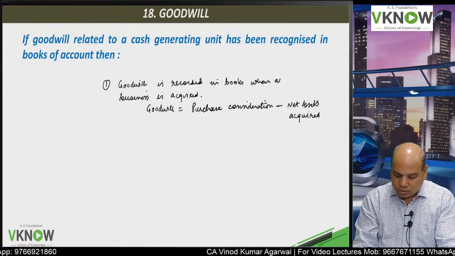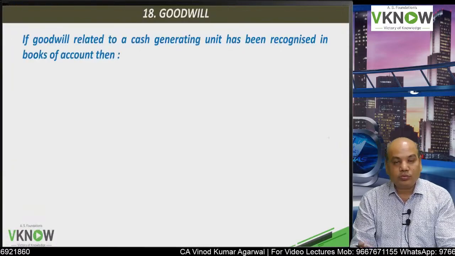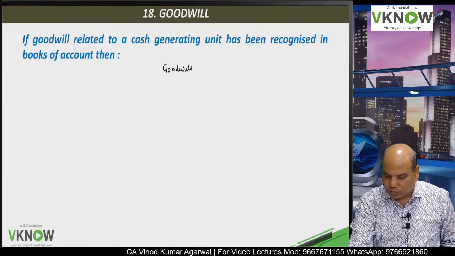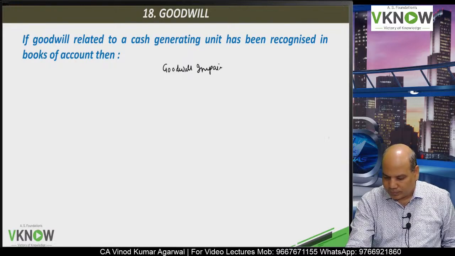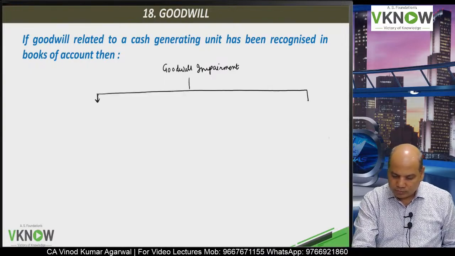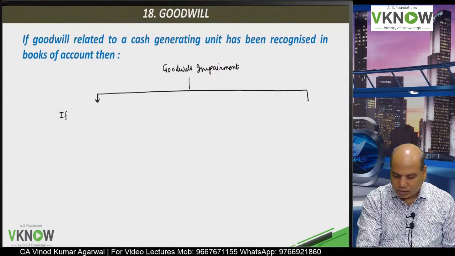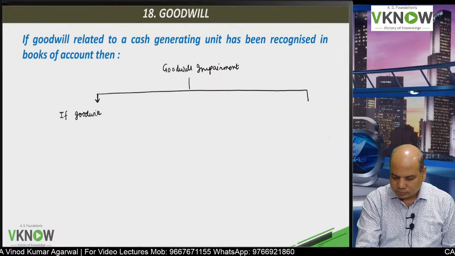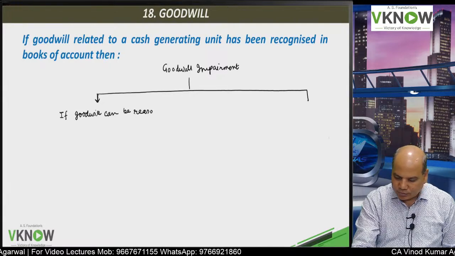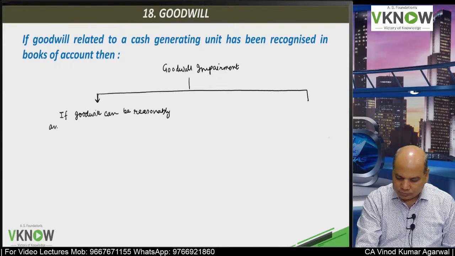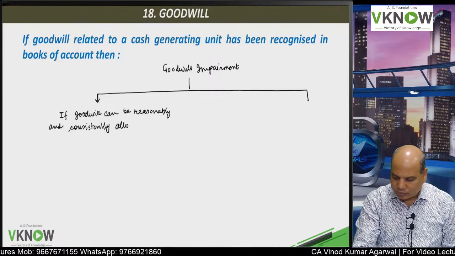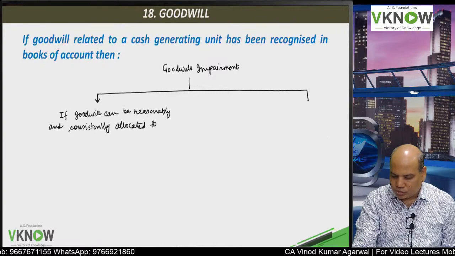Now I am going to give you a brief note on how to do the impairment of goodwill. You can note down if you want. Goodwill impairment. First is, if goodwill can be reasonably and consistently allocated to CGU.